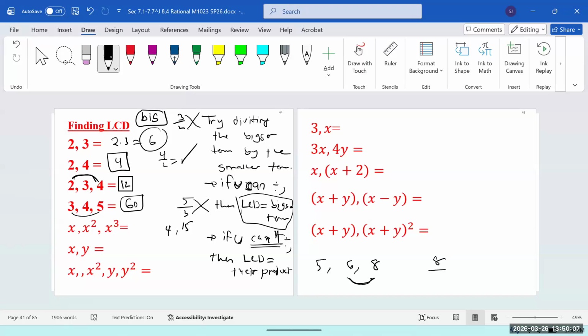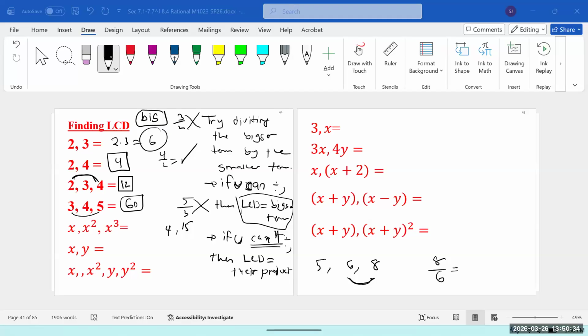We cannot divide 8 by 6. But if you multiply, we can simplify, right? If you cannot divide, look at whether you can simplify them. If you simplify them, what do you get? Both of them are divisible by 2, so you get 4 and 3.